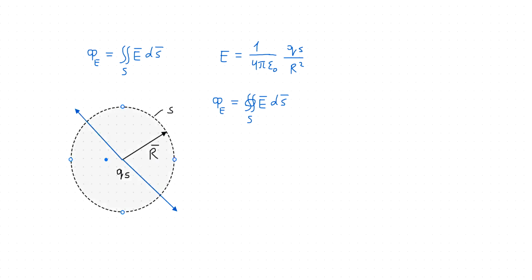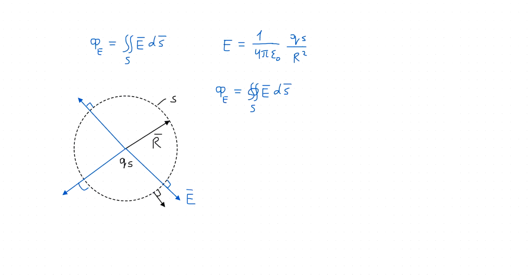The vector of electric field intensity in each point of the surface is perpendicular to the surface S. And it means that the element of surface S, which may be signed as dS, some element of surface, is also perpendicular to the surface.